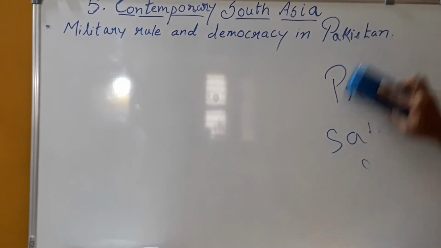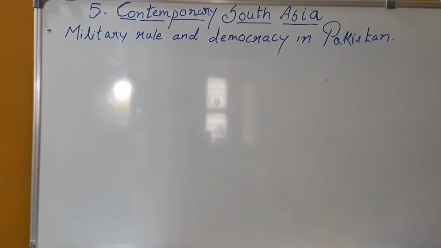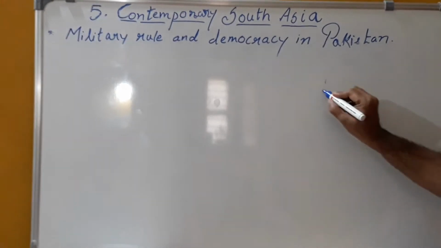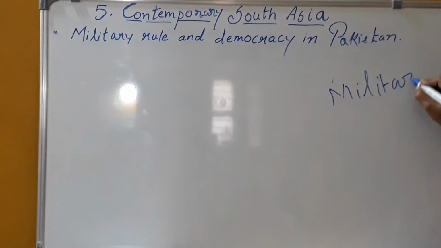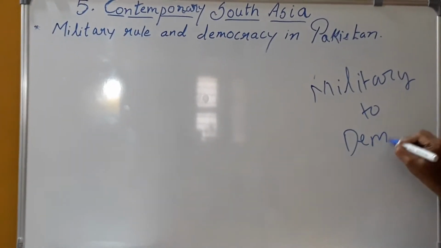So anyhow, coming back to the subtopic, that is military and democracy in Pakistan. From the name itself, you can make out we are talking about how Pakistan kept on changing from military rule to democracy and vice versa, more often than not, alternately.